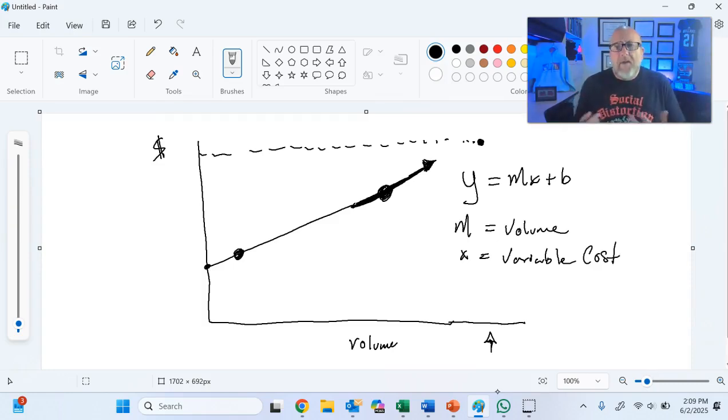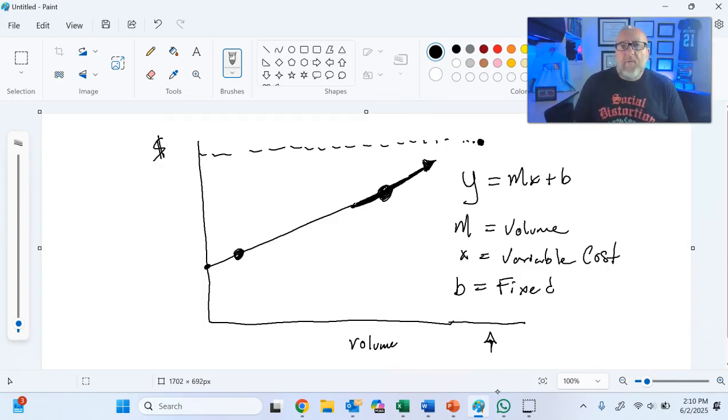What is going to be my incremental cost? So the m, the volume of units, times x, the variable cost. And then I'm going to add all of my fixed costs, b, the y-intercept.